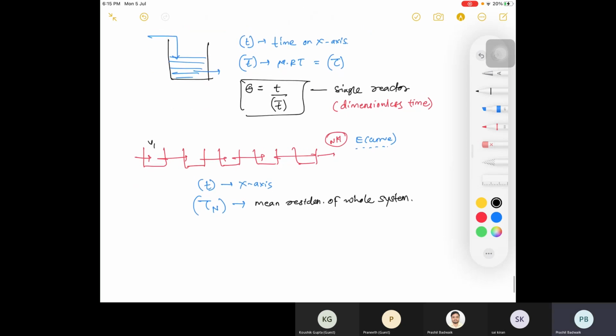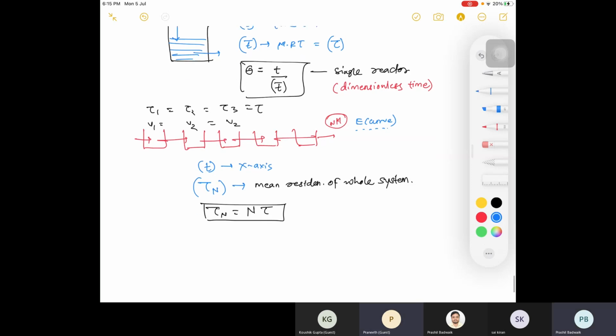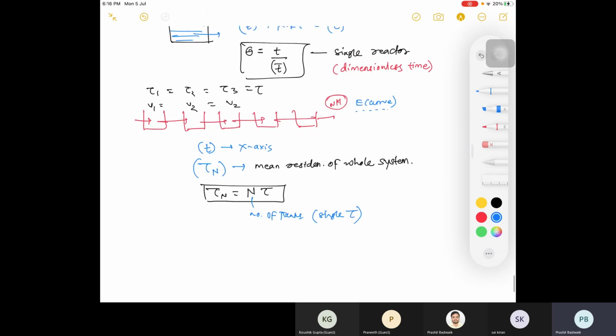Here I am saying the volume of all reactors is the same, so the tau of all reactors is the same. So how can you represent tau n in terms of tau? N into tau: the number of tanks times the tau of a single tank. Right? Up to here it is clear.